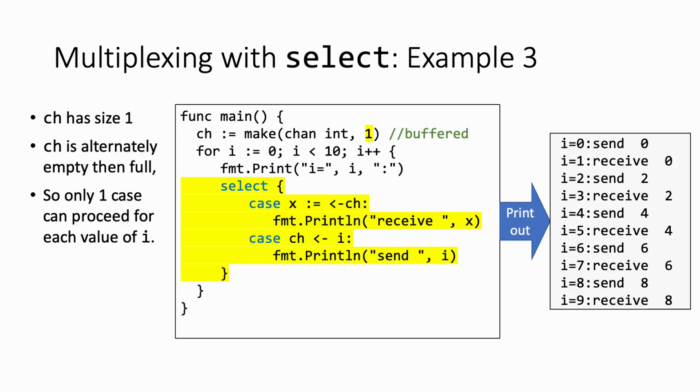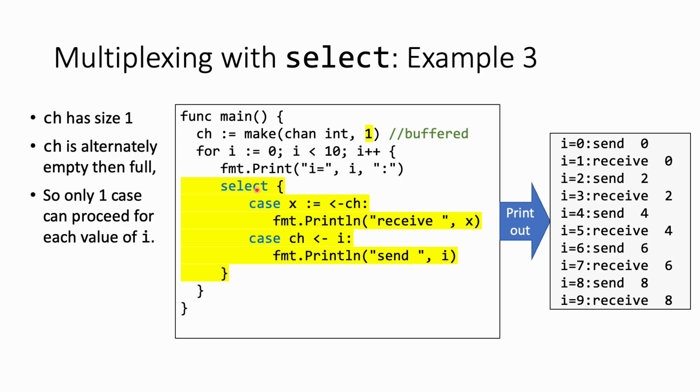The first two examples of multiplexing with select involve unbuffered channels. Here is another example of multiplexing which involves buffered channels. In this example, channel CH is a buffered channel with capacity 1.